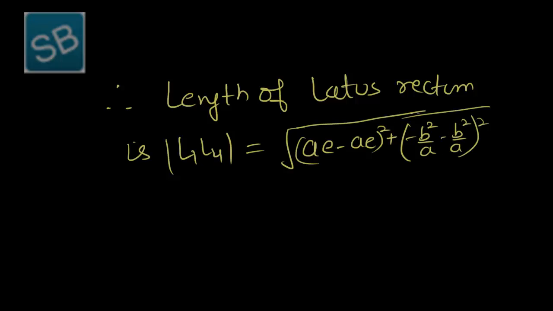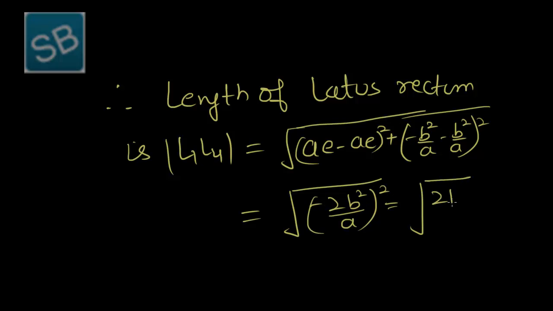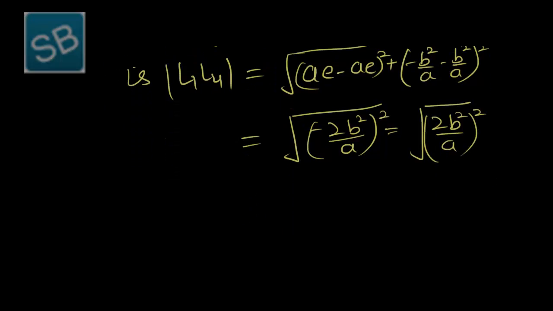So we get the square root of (2b square over a) whole square, which gives 2b square over a, as the square is positive. That is the length of the latus rectum of the hyperbola.